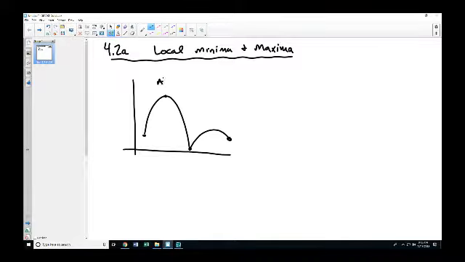Okay, so this is an absolute max because nothing else is above it. Right? It is the top. Plain and simple. Okay. What about this one? Yeah, it's an absolute min, because, again. Okay. How about, yeah, that would be a local min.